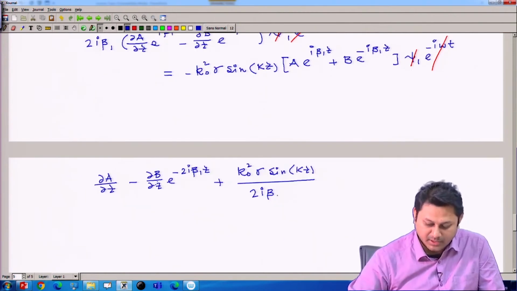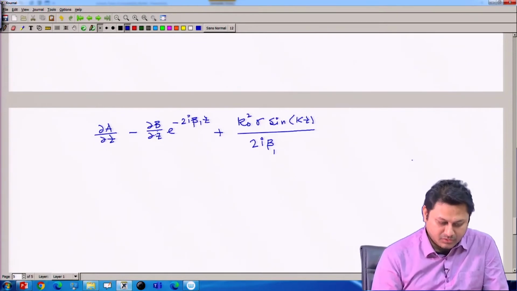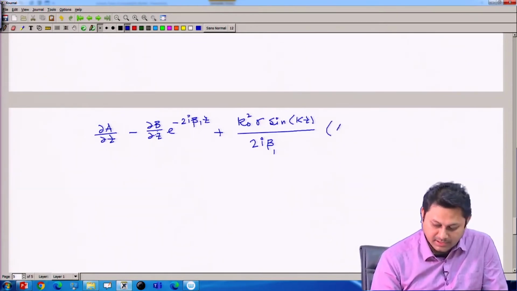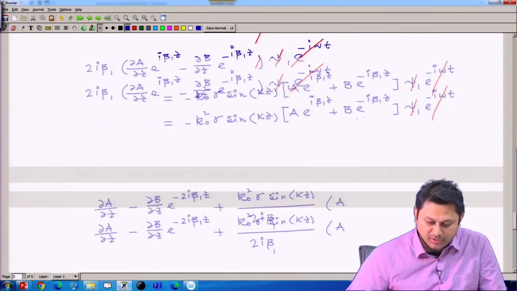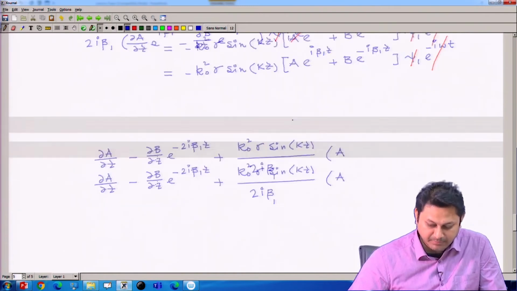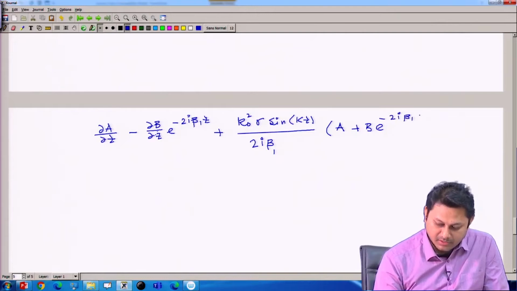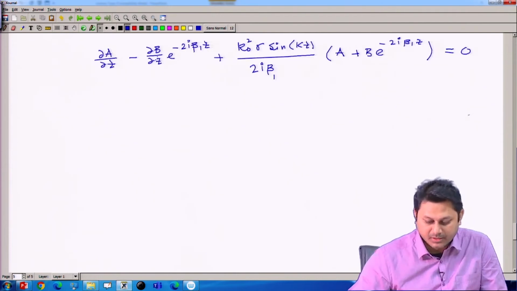So, I divide this 2 i beta 1 again, and the rest of the term, which is A, because I divide e to the power i beta 1 z here also. So, it should be A plus B e to the power of minus 2 i beta 1 z equal to 0. That is the total expression.